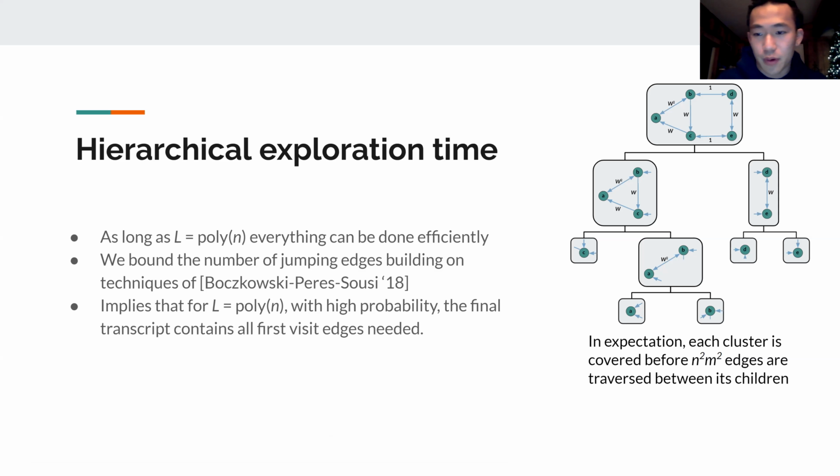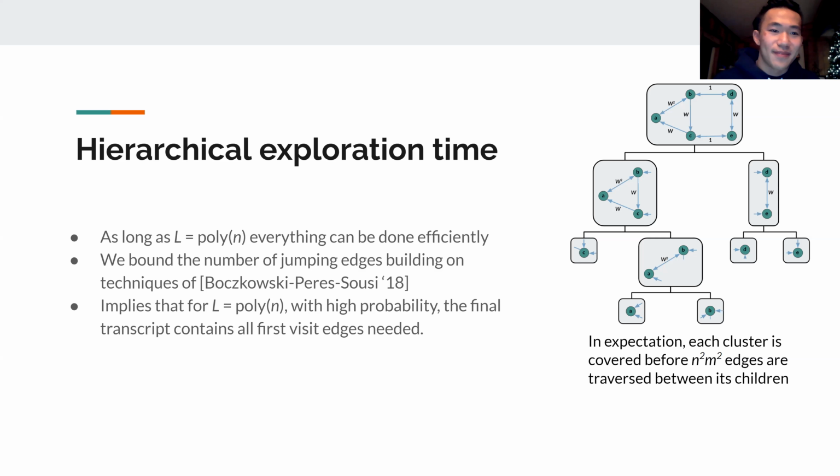And what we show is that for each cluster, by the time that cluster is covered by a random walk, the expected number of edges which go between its children is going to be at most n squared m squared. And with a bit more work, what this ultimately tells us is that when we choose L to be some polynomial, with very high probability our final transcript will contain all first visit edges and allow us to randomly sample this arborescence.